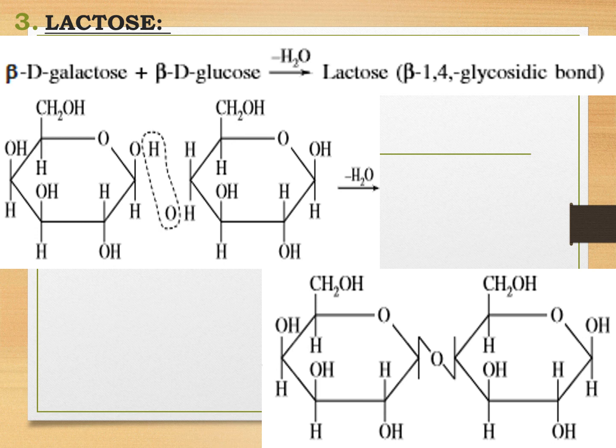Students, in lactose something is lacking, and that is the alpha form. Always remember, in lactose there is no alpha form, there is only the beta form. Remember children, lactose is made up of C1 carbon of beta D galactose and C4 carbon of beta D glucose.